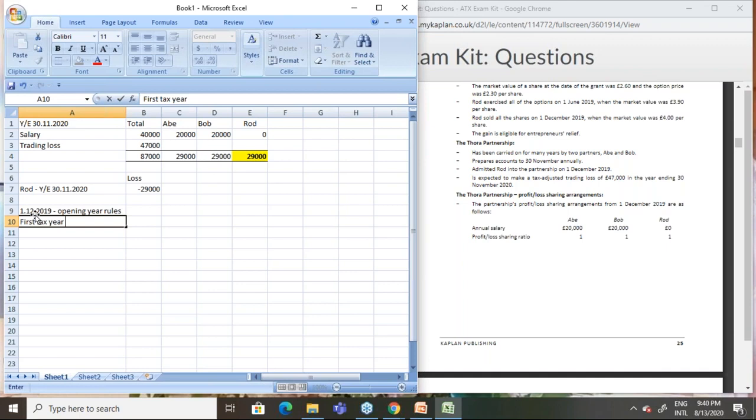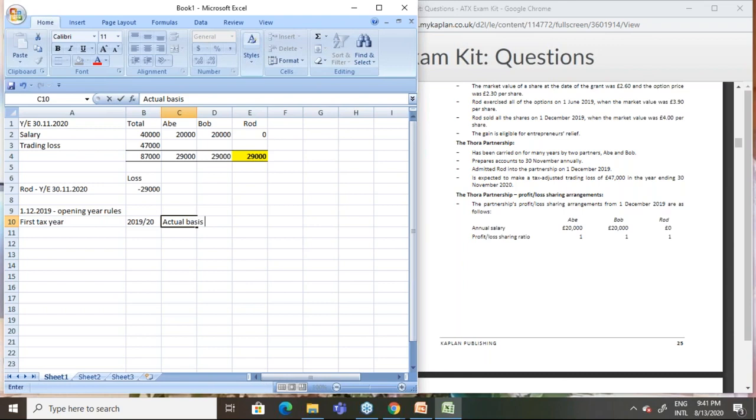He started his business as a partner in the partnership on the 1st December 2019. So the date of commencement is 1st of December 2019, which falls into the 2019-20 tax year. For the first tax year, you need to use the actual basis.